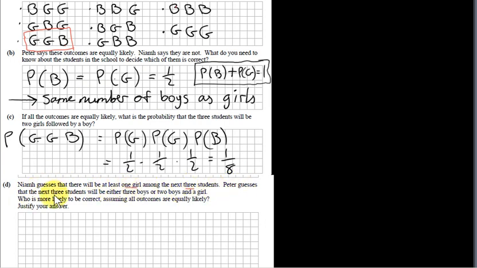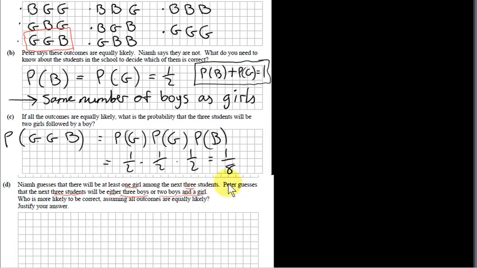Peter guesses that the next 3 students will be either 3 boys or 2 boys and a girl. Who is more likely to be correct, assuming all outcomes are equally likely? Okay, let's look at all 8 equally likely outcomes, and let's highlight those outcomes that consist of 3 boys or 2 boys and a girl.